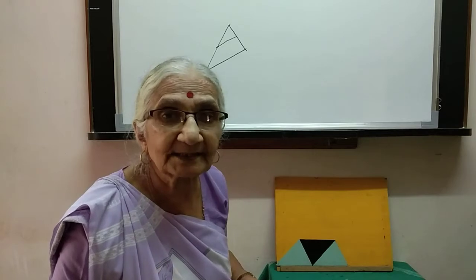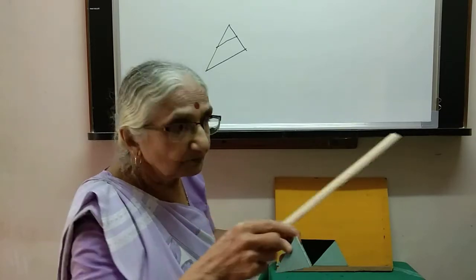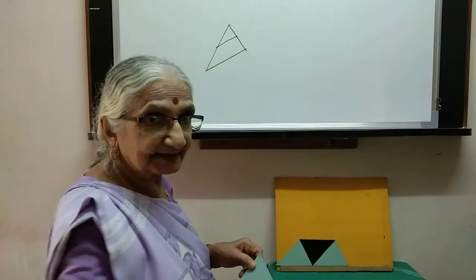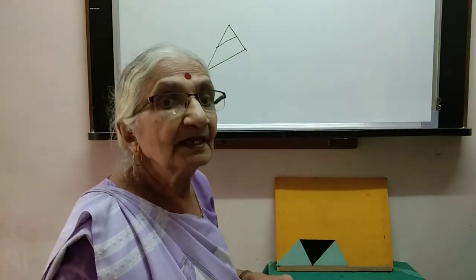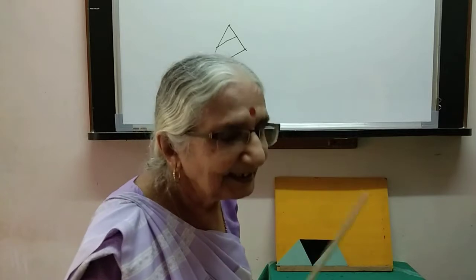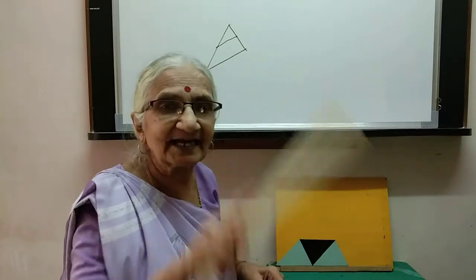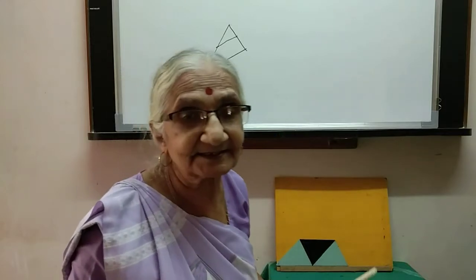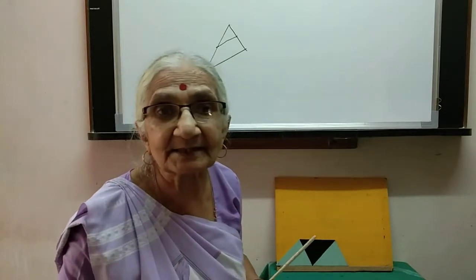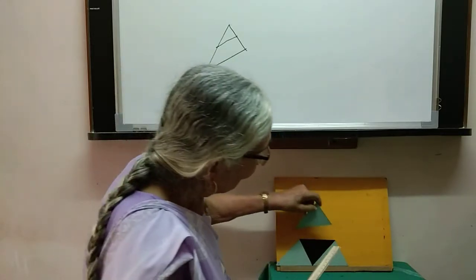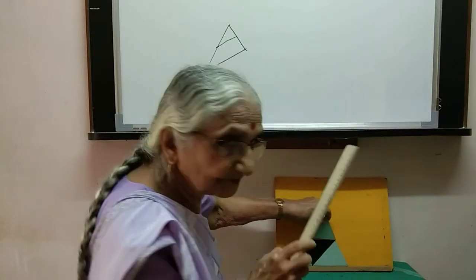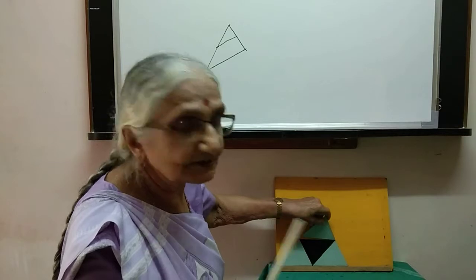How do we show that they are parallel? We shall use the fact that if we take any two straight lines, and a transversal cuts them in such a way that the corresponding angles are equal, then the two lines are parallel. Now we want this parallel to this. We shall look for corresponding angles.